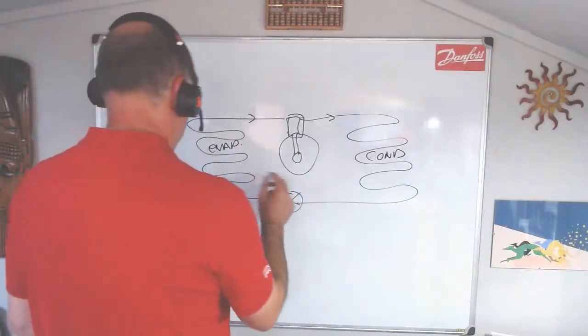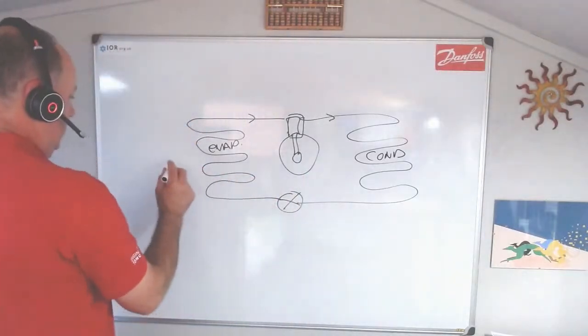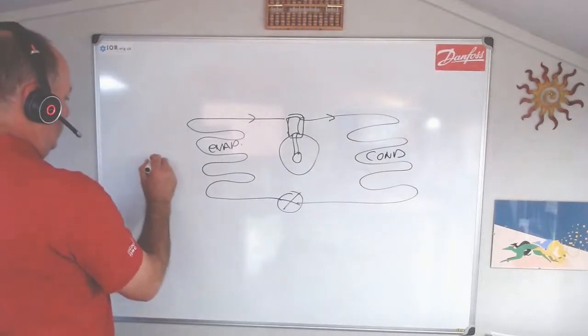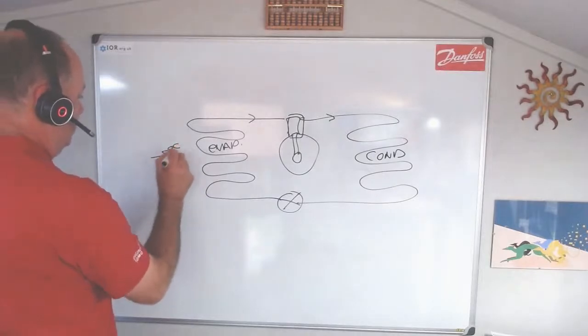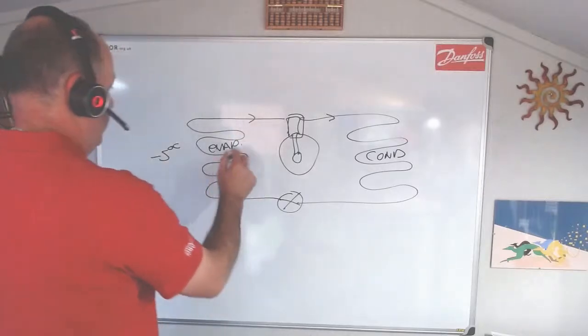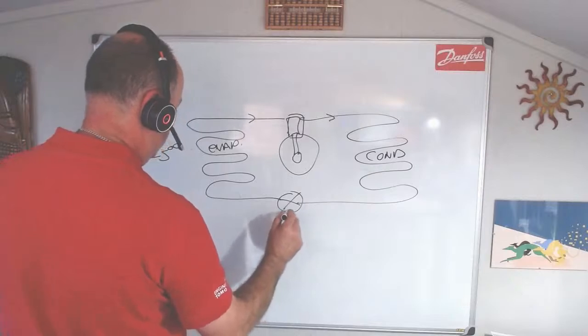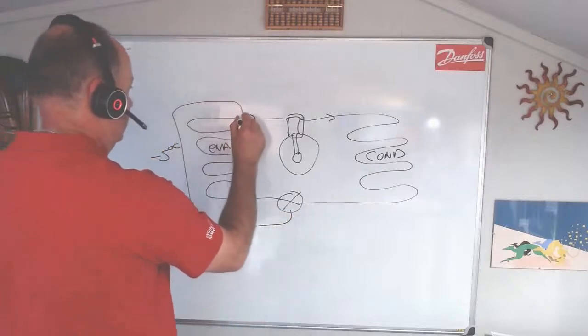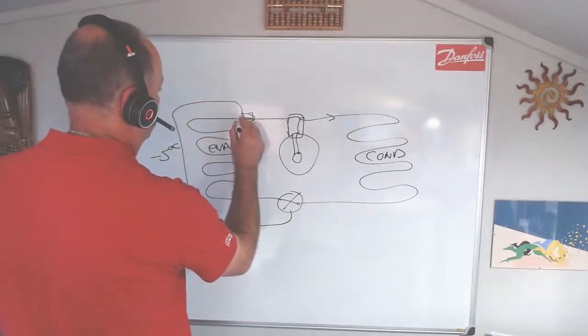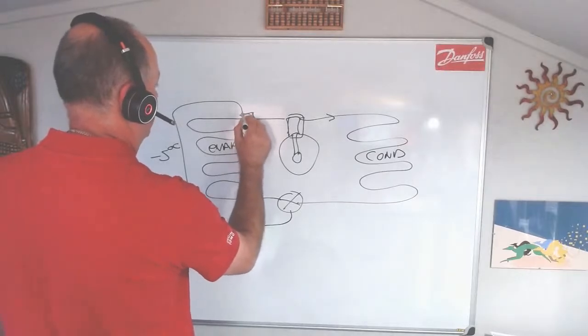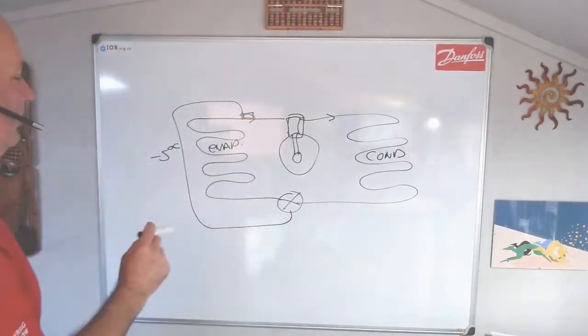So let's say we are evaporating at, I don't know, -5. Now, with our expansion valve bulb, there's our bulb on our suction line. So we're measuring the superheat on our evaporator.